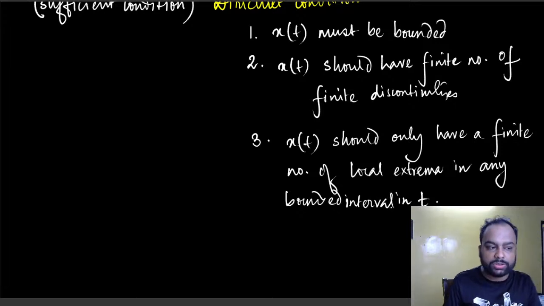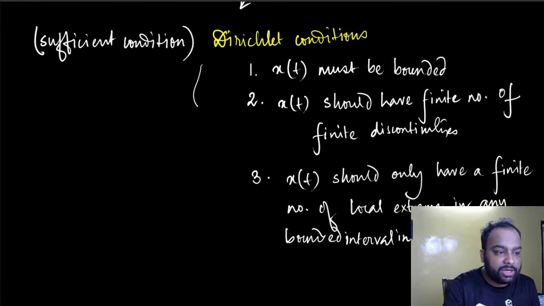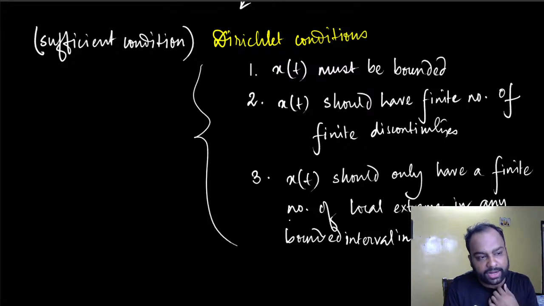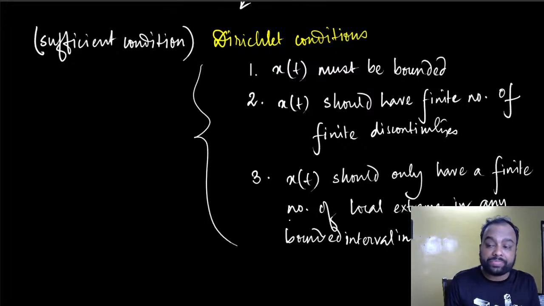So these are the sufficient conditions. These three taken together are known as the Dirichlet conditions, and they are the sufficient conditions for the existence of a Fourier transform.